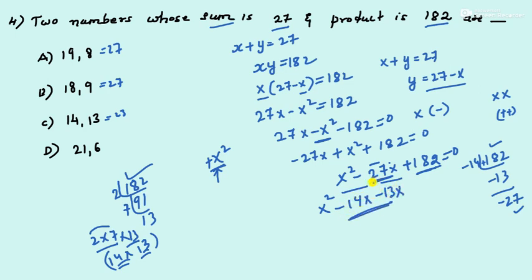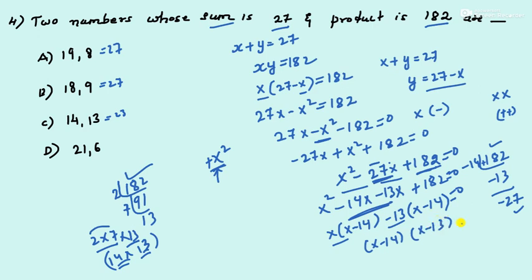This together is equal to 27x, and this is the same 182 equals 0. Now when we solve, this becomes x minus 14, and here 13 if you take common, here also x minus 14 equals 0. Now x minus 14 is common, so here you will get x minus 13, which is equal to 0, right?